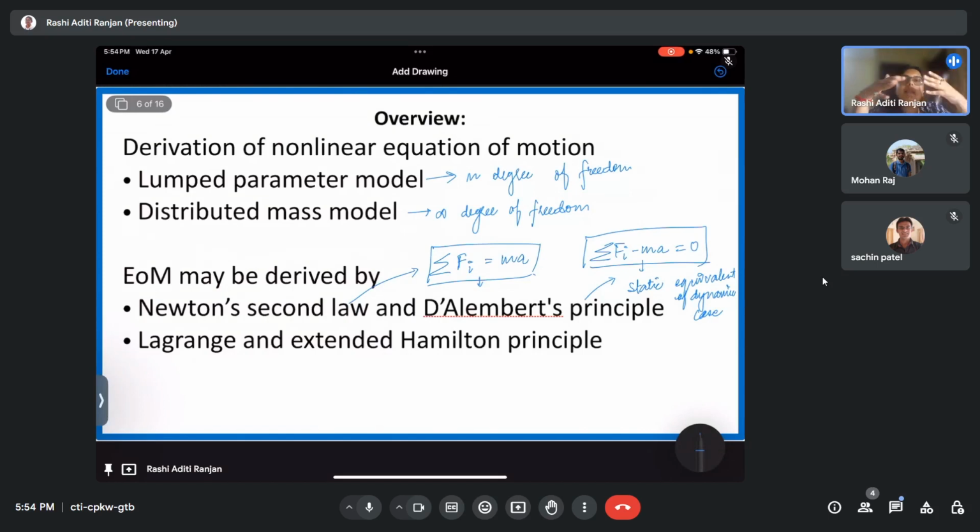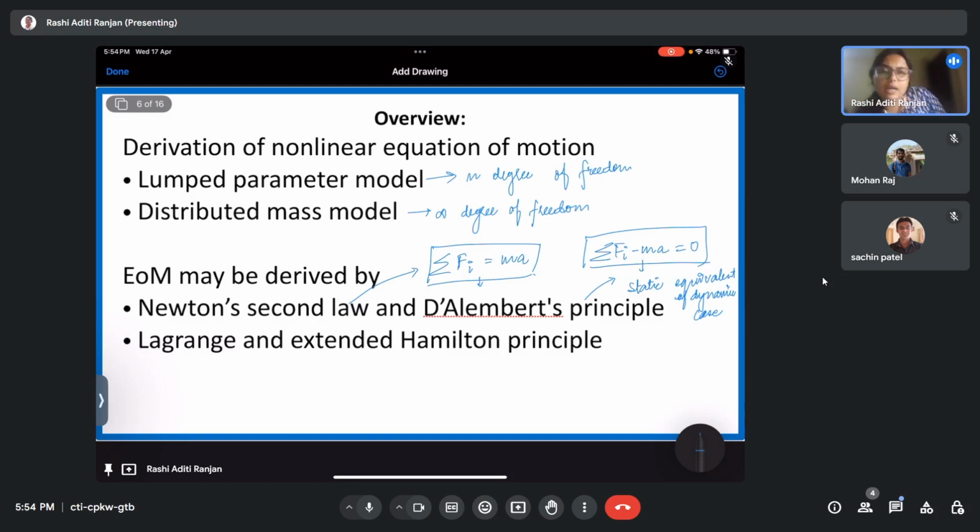For example, if I had a non-linear spring, I'll first consider kx, and once I find the equation of motion, I'll just replace my kx with k1x plus k2x cube, the non-linear variation of the spring. I think I have taken 2 or 3 questions for this.